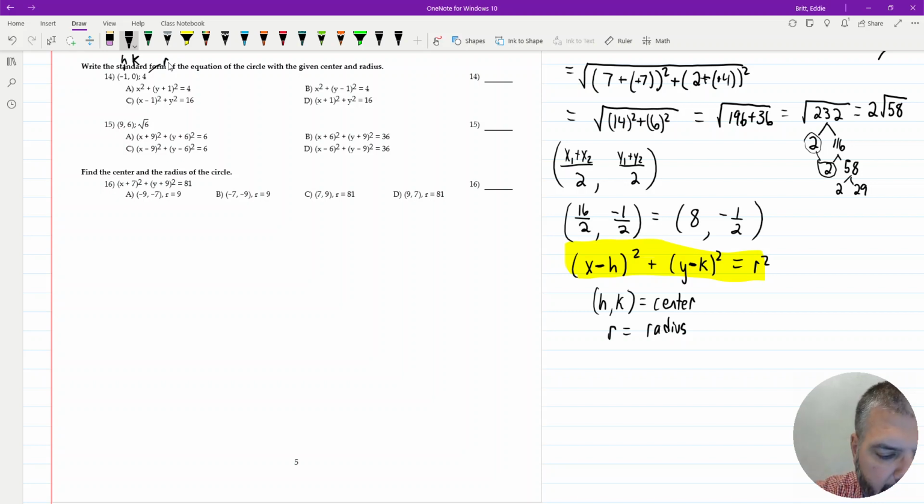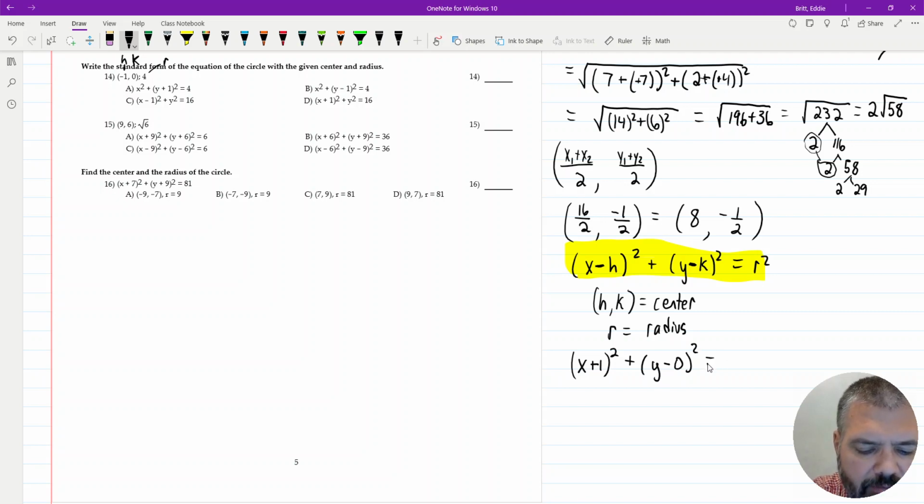So I'm going to have x minus, my h is -1, so I'm going to have minus -1, which would be +1. And then don't forget the square up here. Plus y minus, my k is 0. Well, y minus 0 is just y.